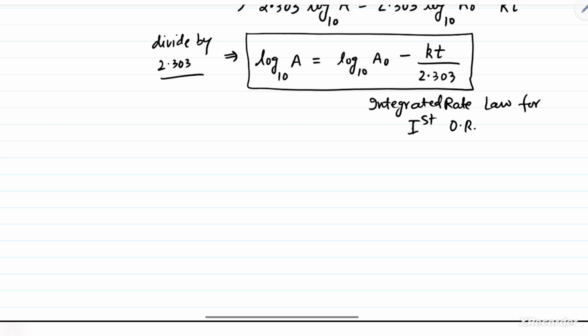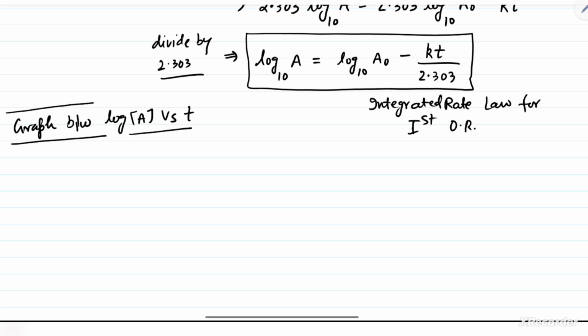We can also rearrange it. But again, I will first show you how to draw the graph. If I need to plot a graph between log A versus time, make this curve.